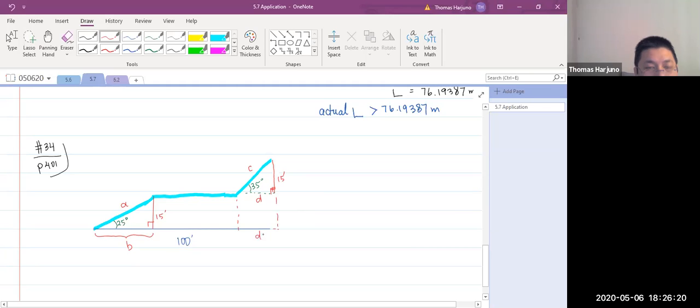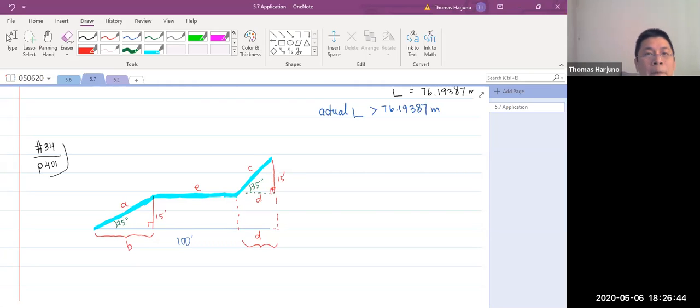That's also D here. Now then, we can find this part here. The length that we are looking for is the length A plus E plus C. Is it okay? Now, we will do this together, you and me.